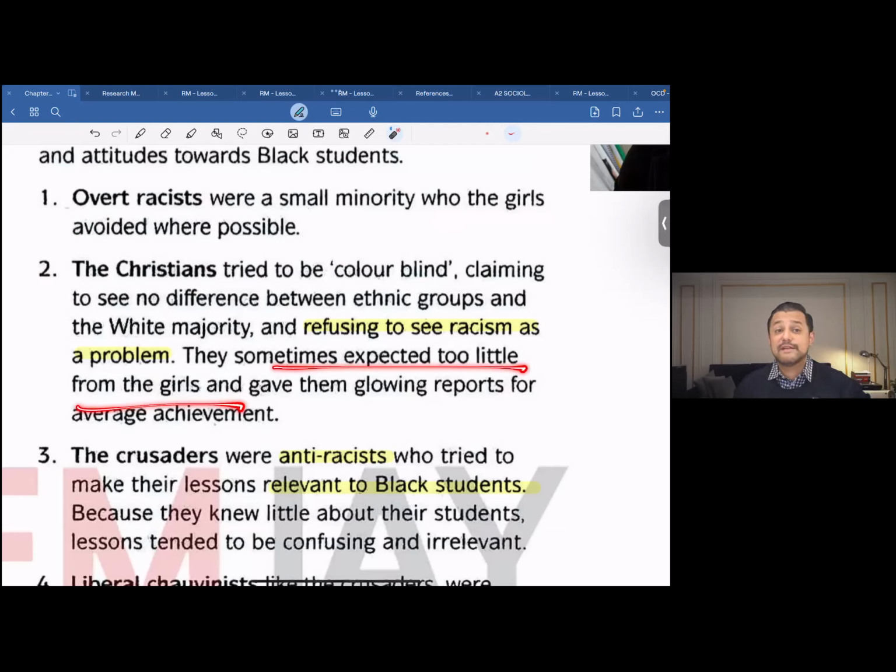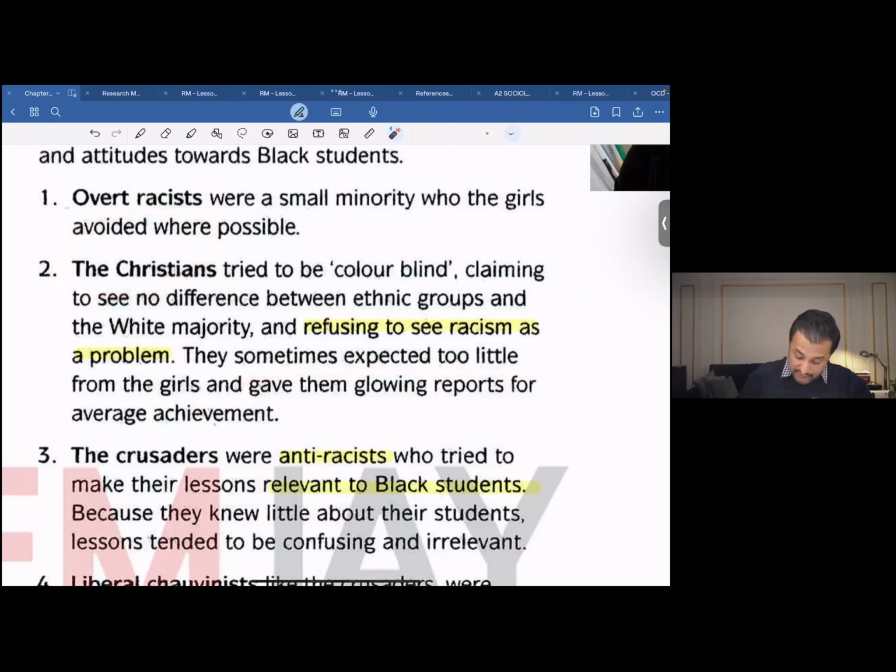When you're not expecting a lot from your student, you're in a subtle manner discouraging that student or that particular group of students from performing well. So these Christians, two things to remember about them. Number one, they refuse to see racism being a problem. Number two, they expected too little from them.